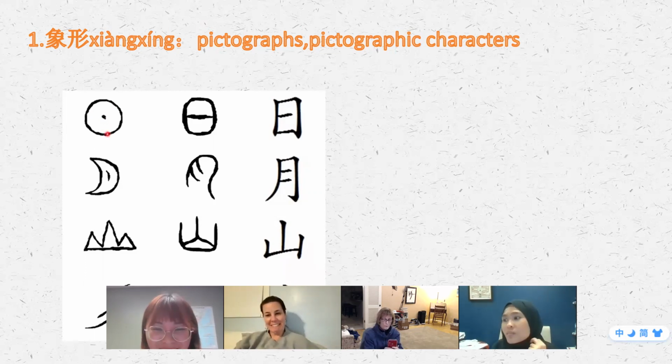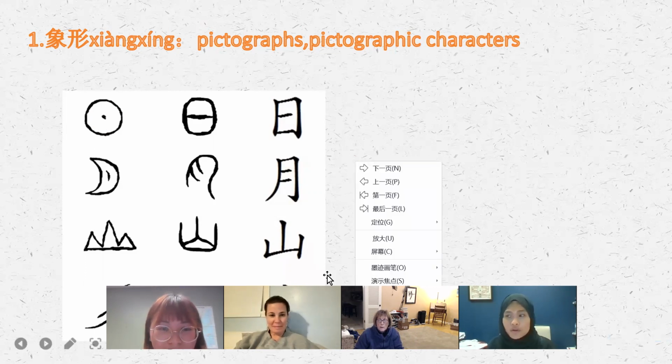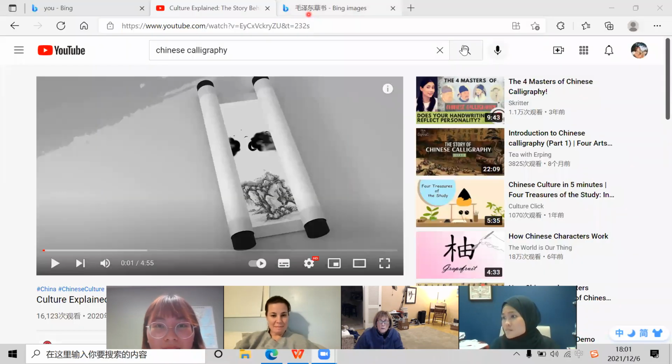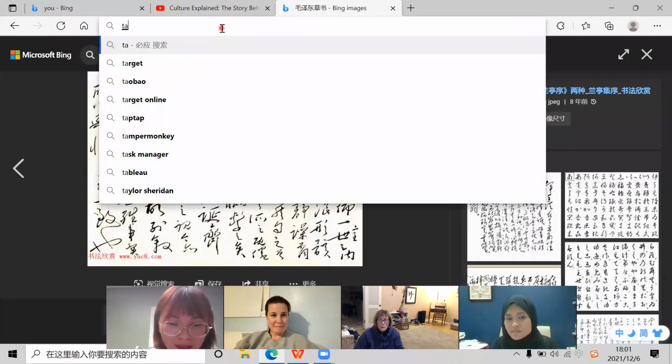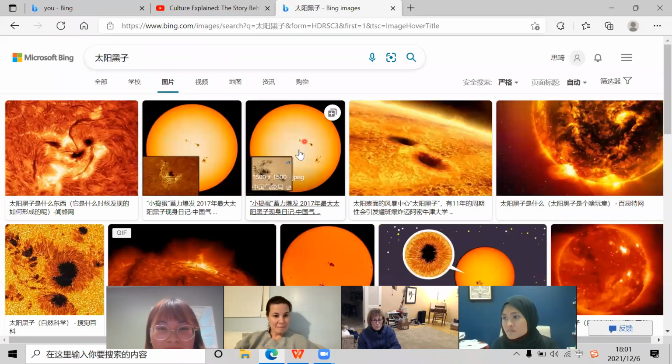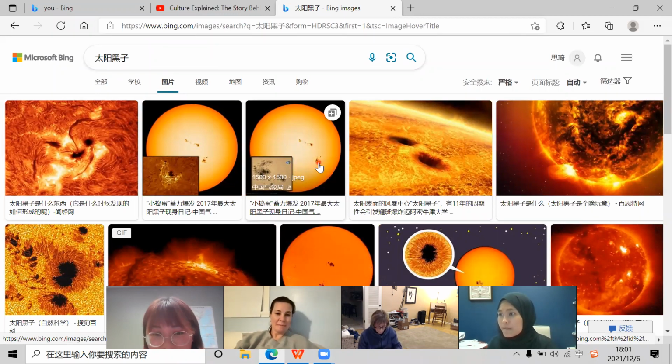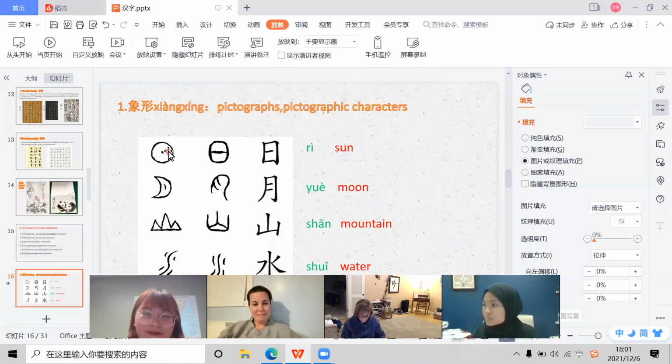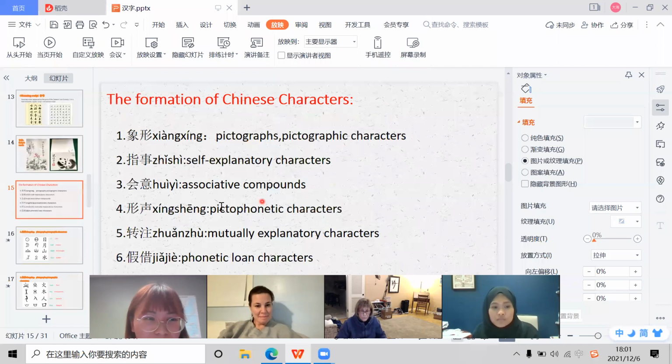This point is the black point in the sun, so it is very standard.